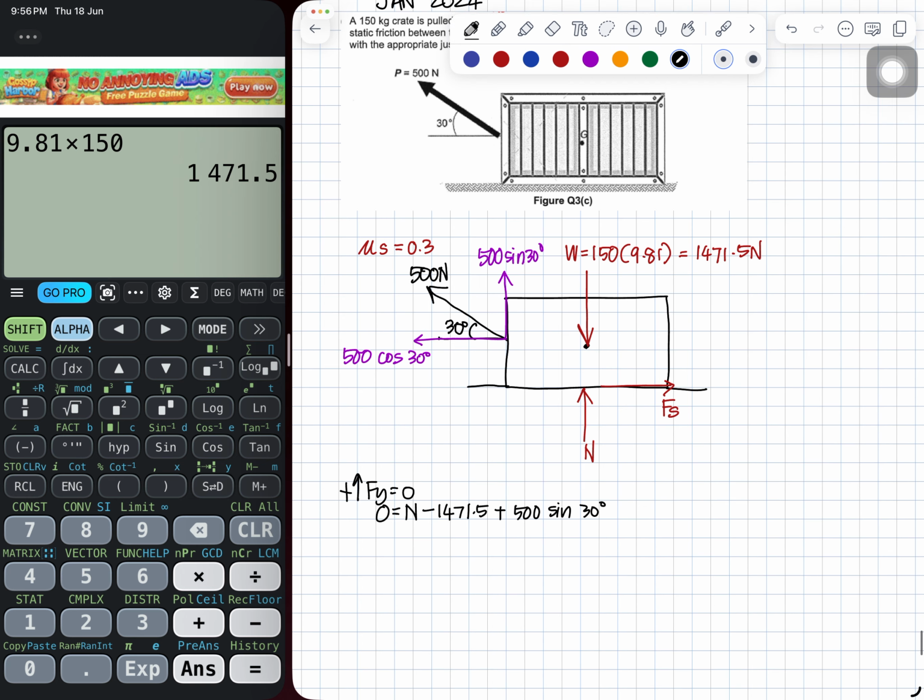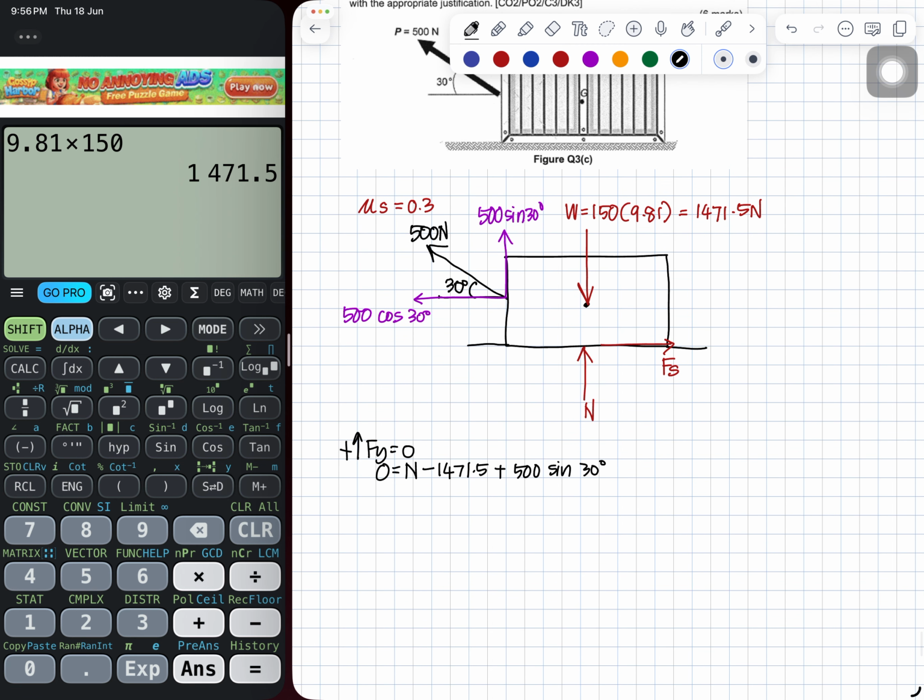So there is nothing left. We have N here equals 1471.5 minus 500 sine 30, which is 1221.5.